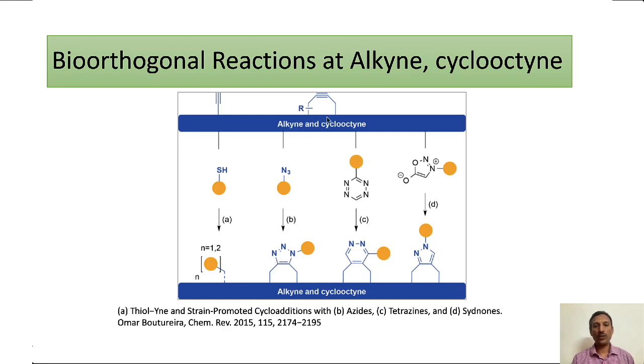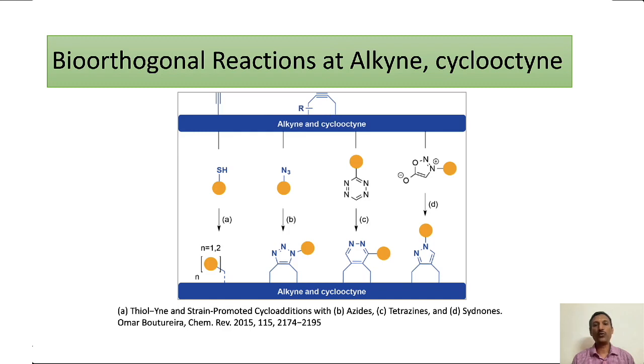There is extremely high strain because of the cyclic system. As you know, the alkyne is basically an sp hybridized carbon, which has a linear geometry, and when a linear geometry is placed in a cyclic system, this leads to extremely high strain.